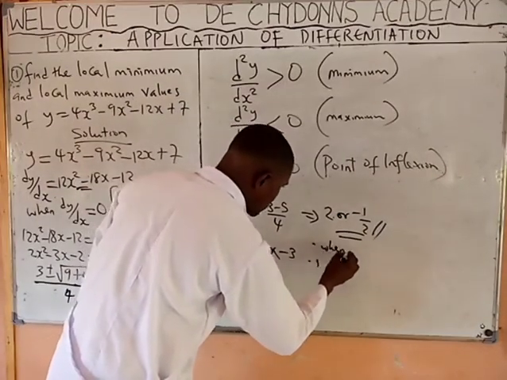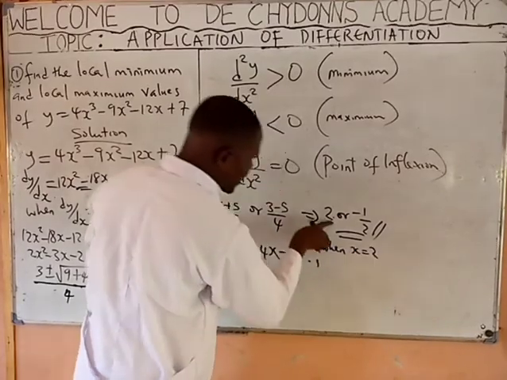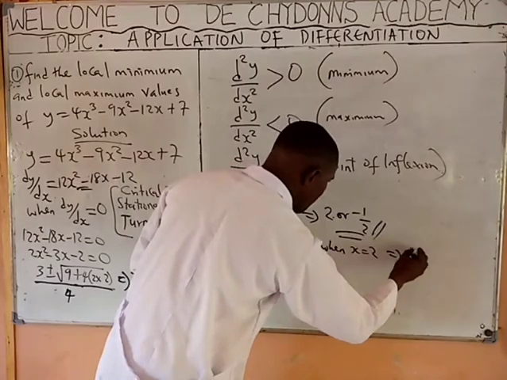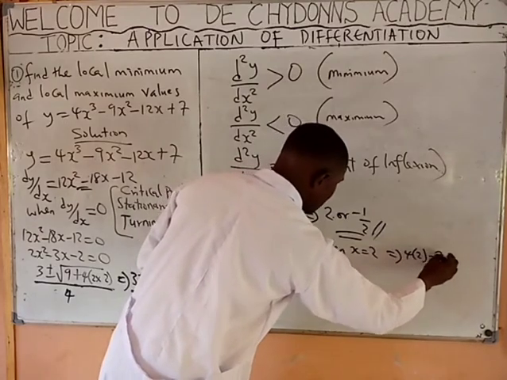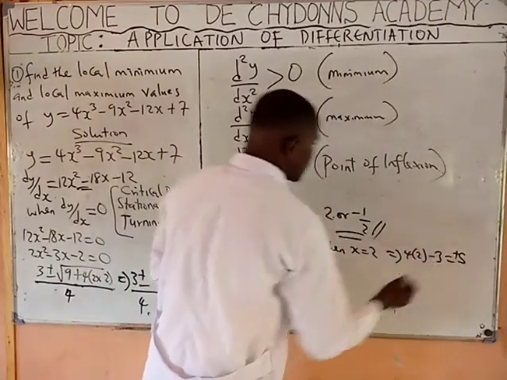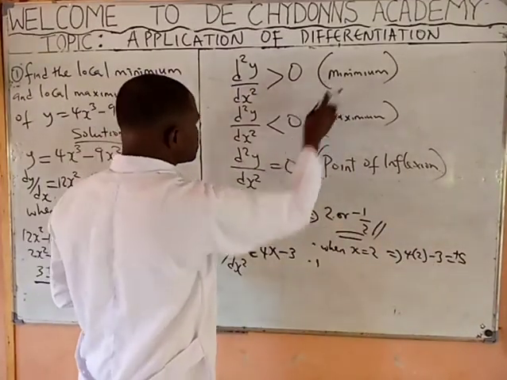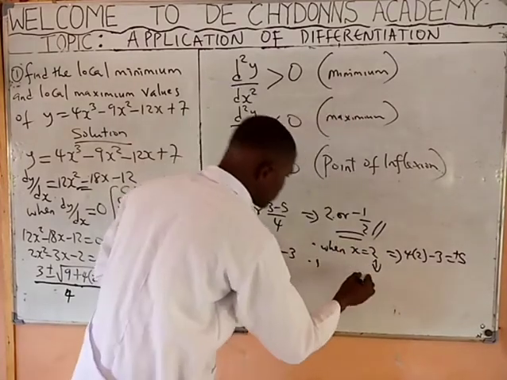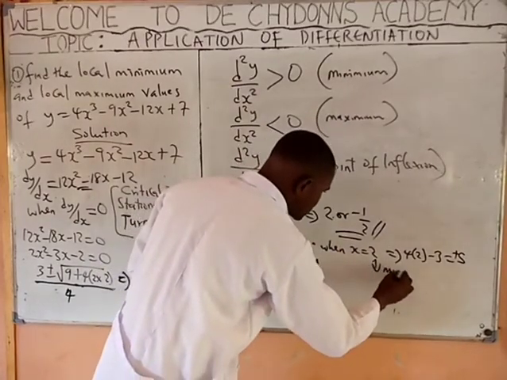When x equals 2, carry this and put it here. It implies that 4 bracket 2 minus 3 will be 5. Since it is positive, it means that when x is 2, that is the minimum point.